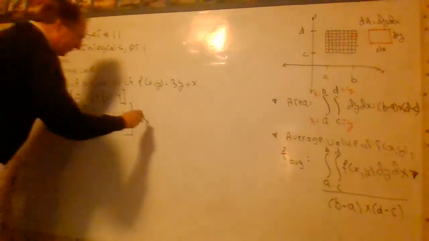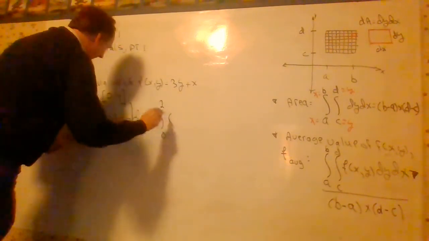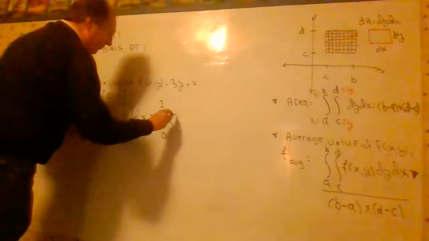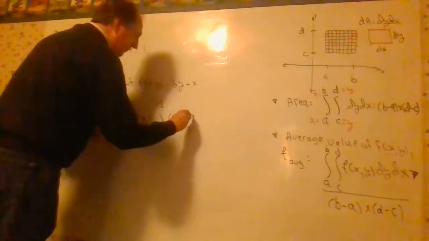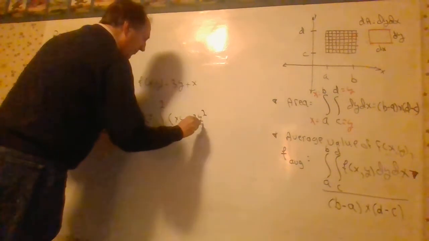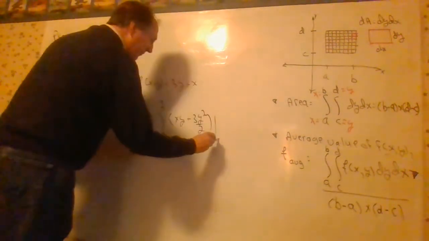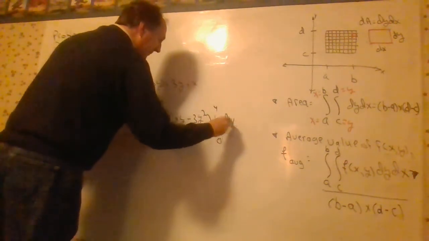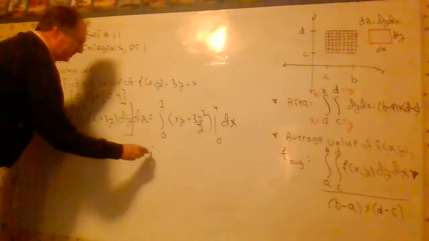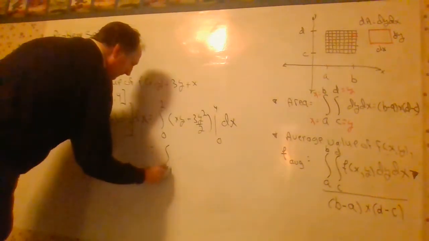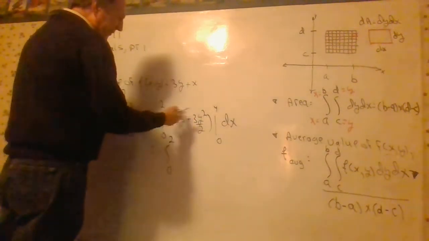And so we have the integral from 0 to 2. Now x dy gives us xy. 3y gives us 3y squared over 2. And that's from 0 to 4, dx. Now we have to plug in 4 for y. X stays as a variable.